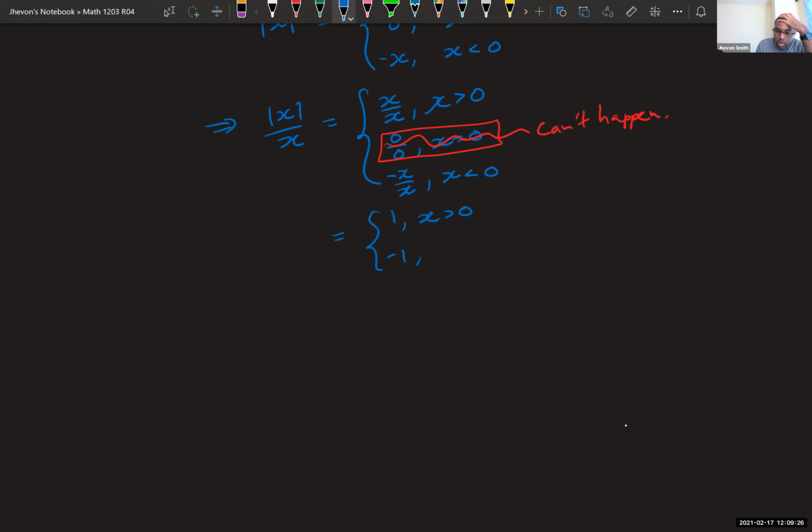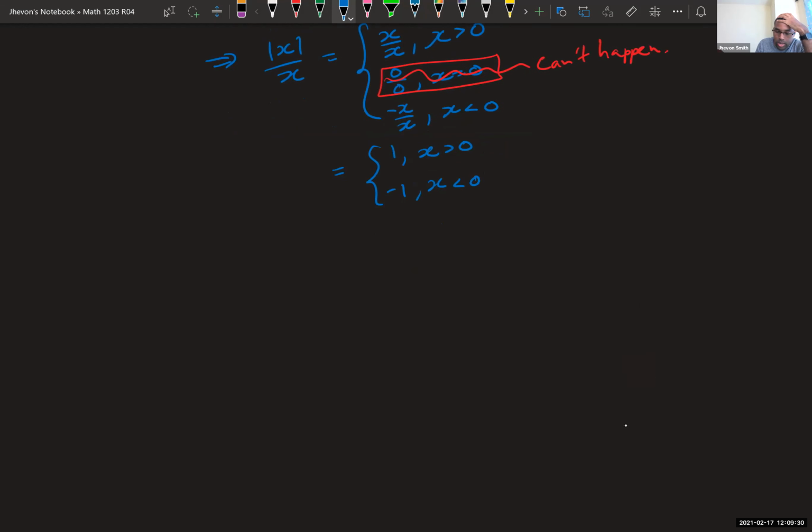Minus x over x is, of course, -1. So that's that. And so now you can just graph it because you know what, hopefully, you should know what the graph of 1 looks like and what the graph of -1 looks like. So you realize that on the right side, my graph is a horizontal line at level 1.